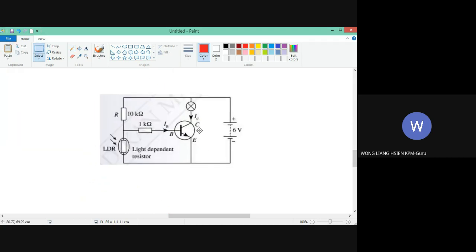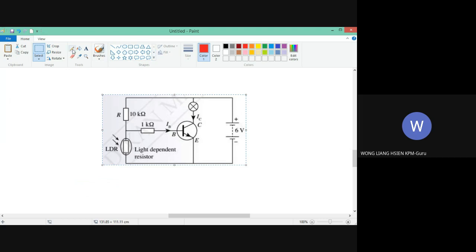same circuit, but you change the position of the LDR and this resistor. This resistor you move down here, and this LDR goes in the top here.